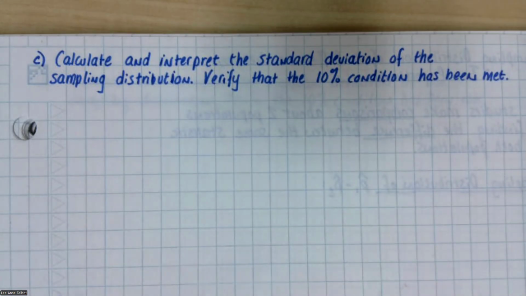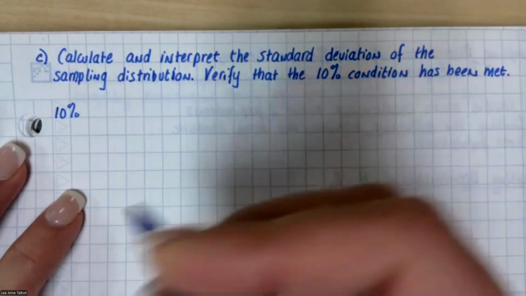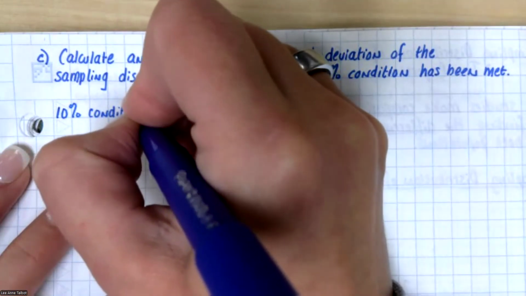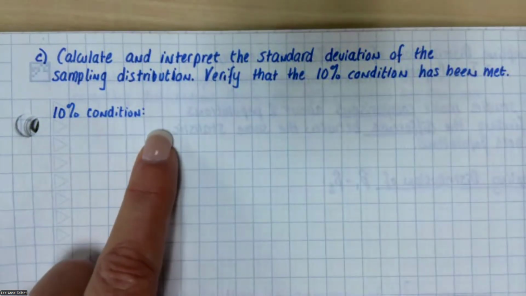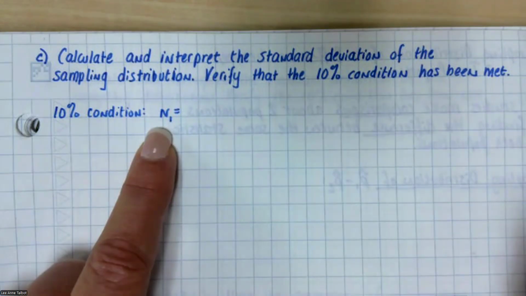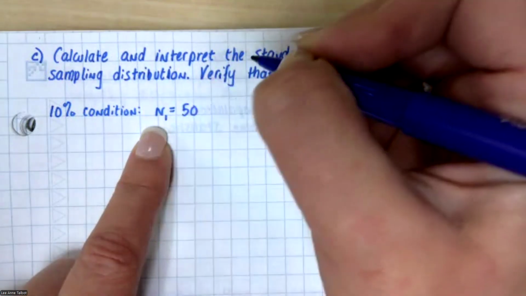Okay, 10%. We have to do that first. They always put it at the end of the directions, but it should be at the beginning. Okay, we're going to start with N1. So that's bag 1. What was the sample size in bag 1? 50.